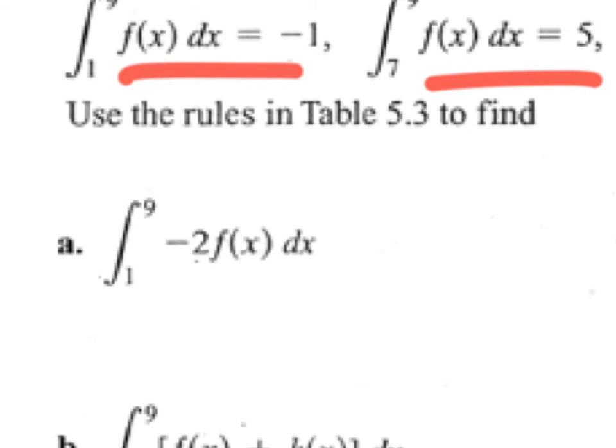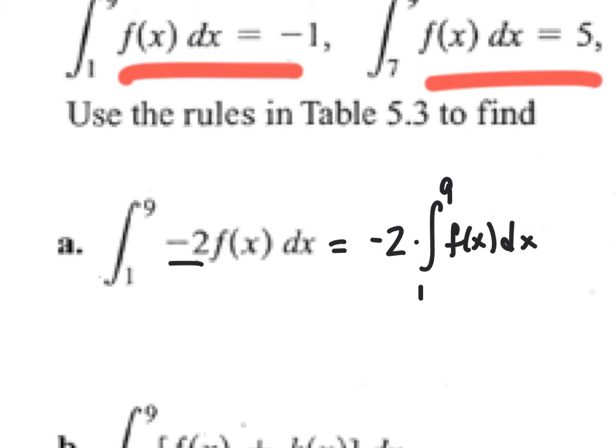And part A says we want to evaluate the integral from 1 to 9 of negative 2 times the function f of x. Now, this is a constant multiple, okay? And how I like to think about it is I like to pull that constant out. And I'm going to write negative 2 times the integral from 1 to 9 of f of x dx.